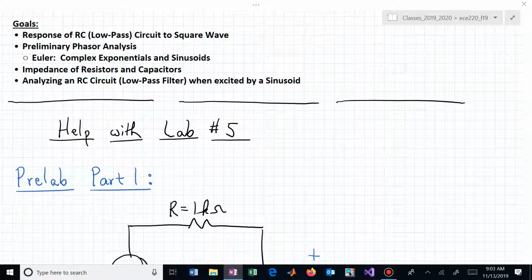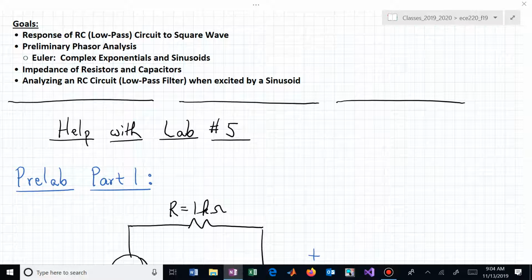And then we'll look at analyzing this same circuit with different parameter values, or with different elements in the lab, different R's and different C's, what that looks like when we excite it with a sinusoid.